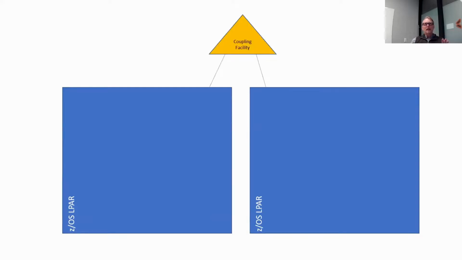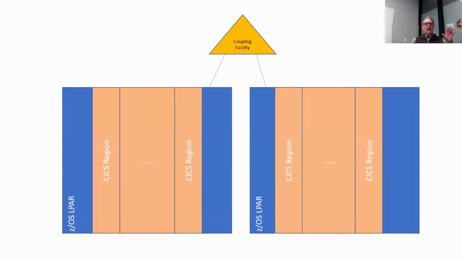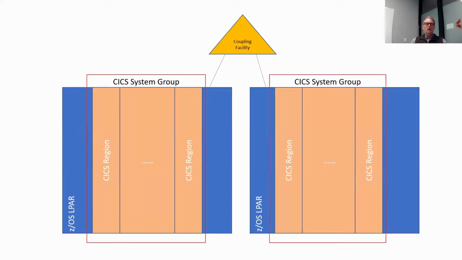All right, so let's go back to our z/OS LPARs. They're connected together with a coupling facility, and you have bunches of CICS regions running on two different LPARs for redundancy. All of these CICS systems are operating together. The ones that are on the same LPAR are a system group. They're all operating together so that, when a transaction comes in, it can run on any one of these CICS regions on either side.